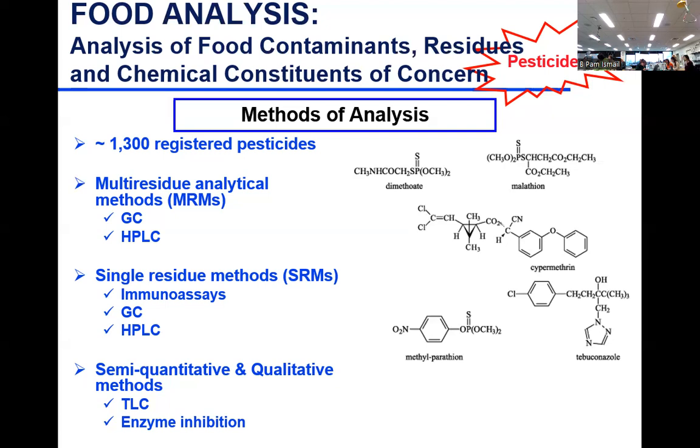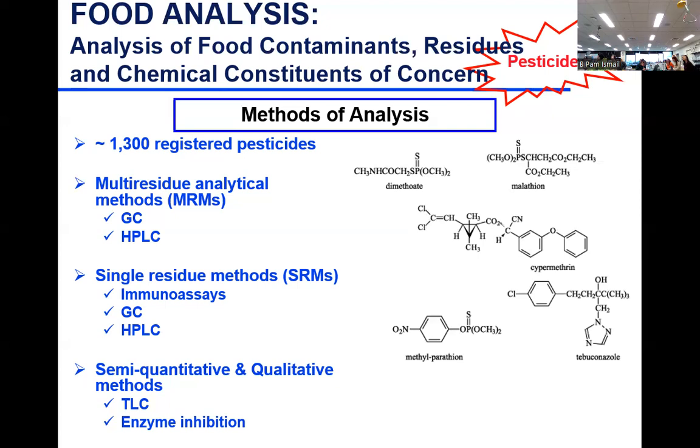So it has to be extracted and analyzed, determining the maximum level that is allowable in food. So oftentimes, for that purpose, to register pesticides, we do single residue methods, very specific to one residue.